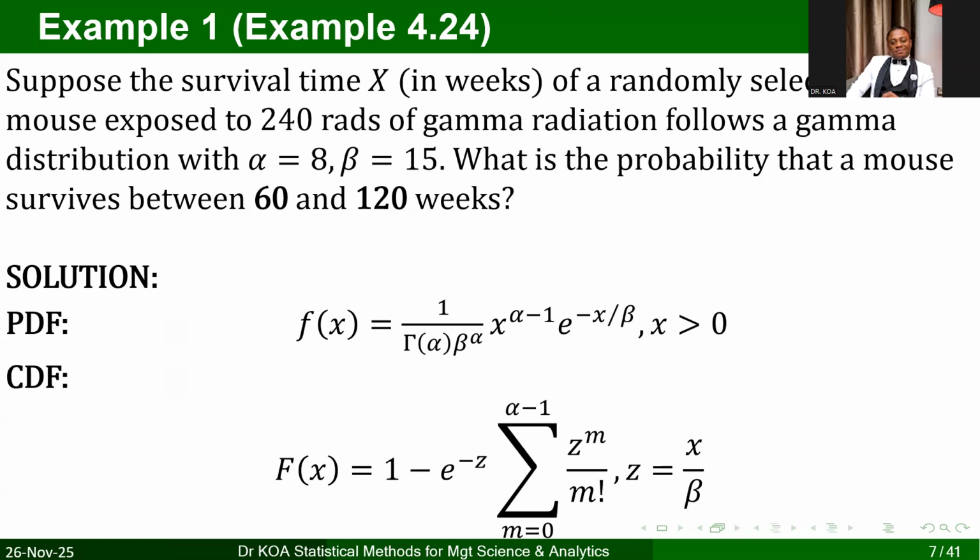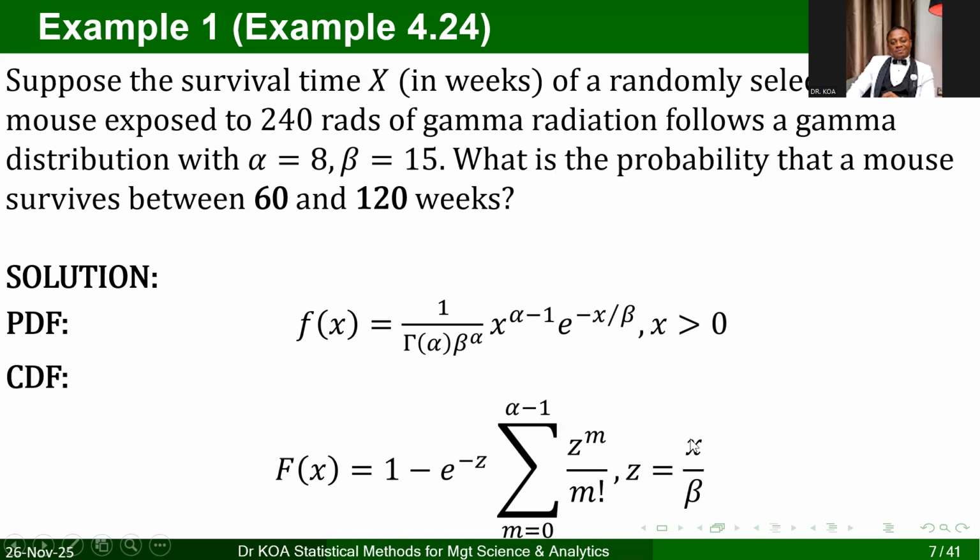What is alpha? From within the question, what is alpha? Alpha is 8. What is beta? Beta is 15. Okay. So alpha is a shape, beta is a rate, and then you can find a relationship for the scale, because remember, we'll be doing scale.